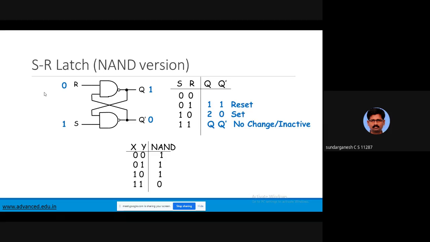For a NAND gate, 1 and 0 gives 1, and the 0 becomes 1. So 1, 1, 0. Okay. So it remains in the same state. When you give 1 and 1, it remains in the previous state.